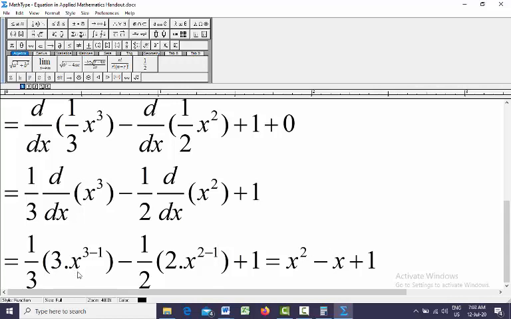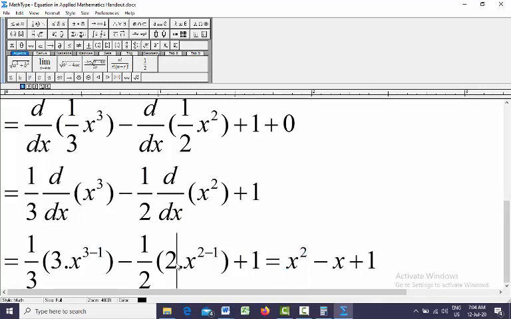So what we have now, as you can see, is 3 multiplied by 1 by 3. So these 3 should cancel out. We are left with only x to the power 3 minus 1, which is 2. So we are left with x square.